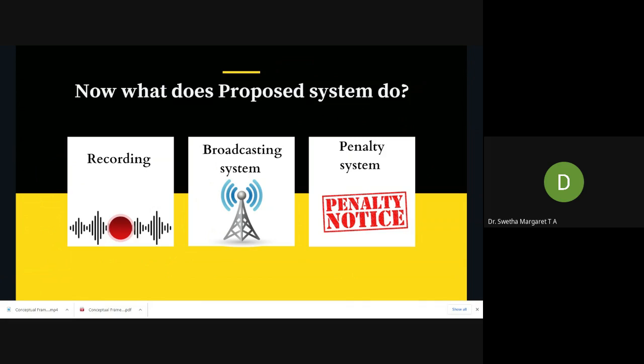And we have an extra feature called penalty. This penalty will only be used when we observe the vehicle not adhering to the policies, or violations. Even after cautioning, the penalty system will automatically lock the wheel systems of the vehicle. Until you pay the penalty, it will not be released. So this is how we have planned to go about with this particular prototype.